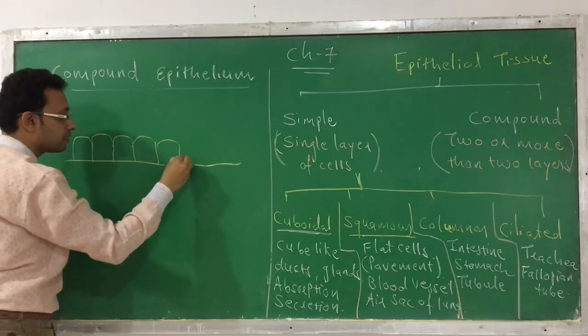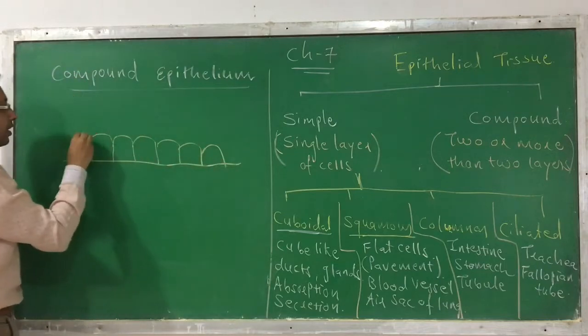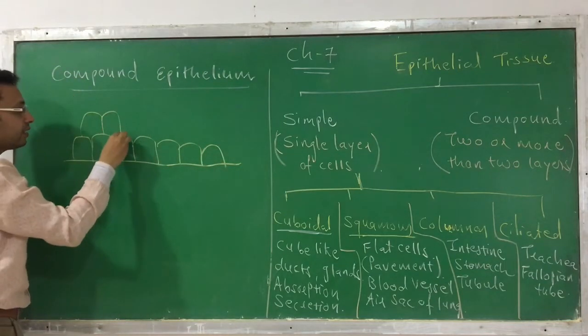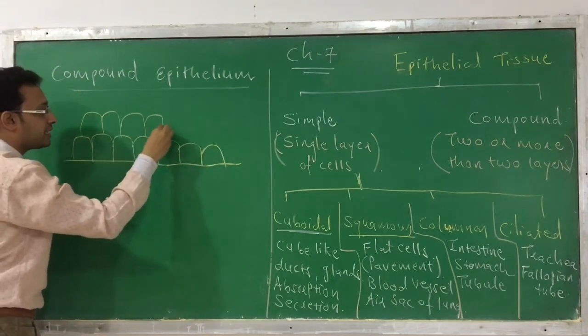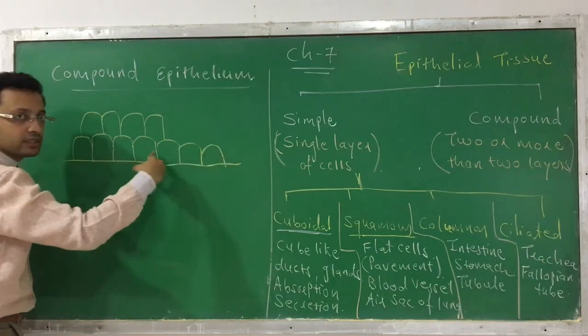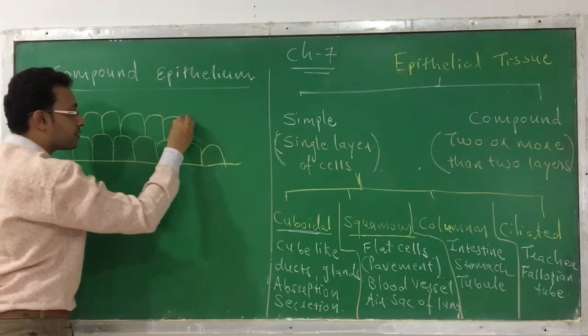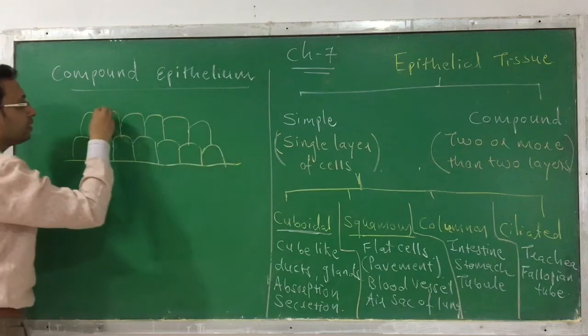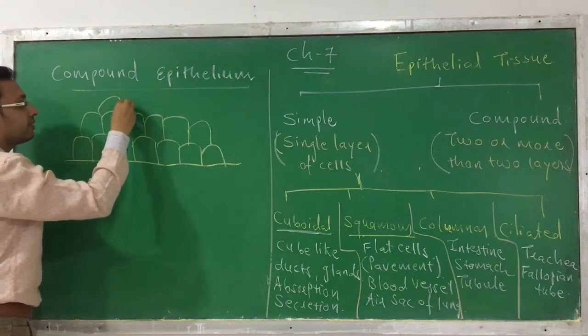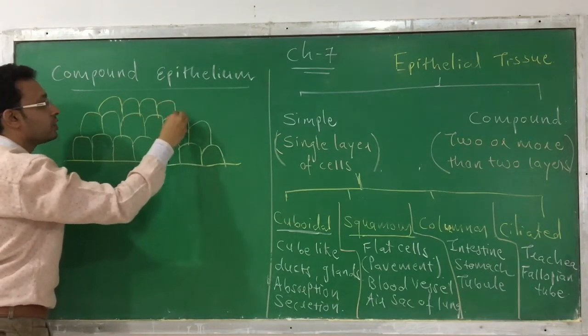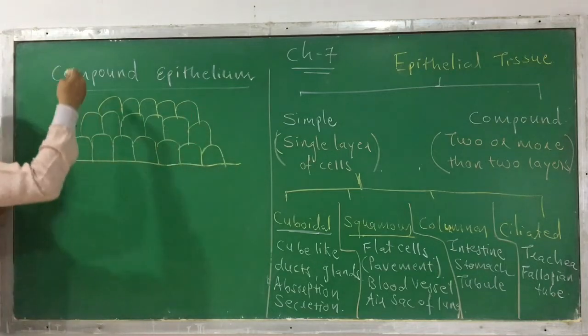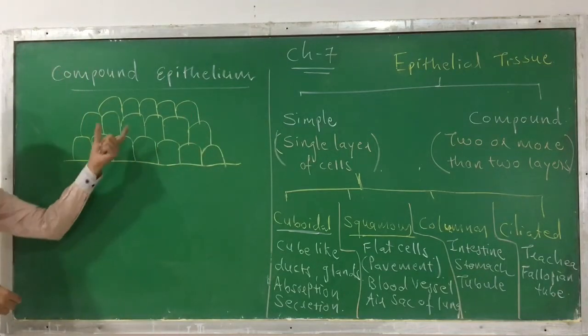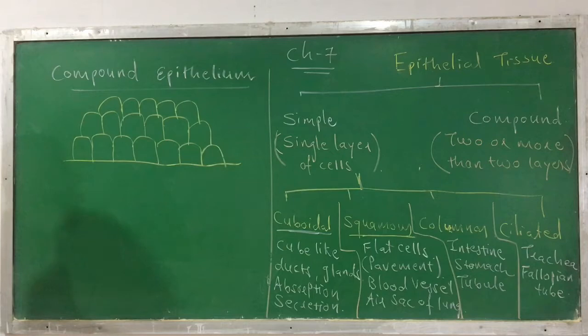On this 1 layer there is another layer, because it's a compound epithelium, which means it does not contain just 1 layer. It contains 2 or more than 2 layers. So this is the 2nd layer. Suppose this is the 3rd layer. So such an arrangement you can find in a compound epithelium.